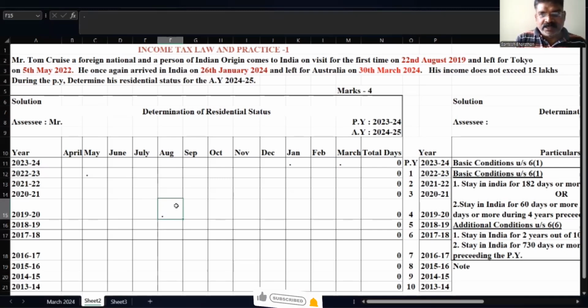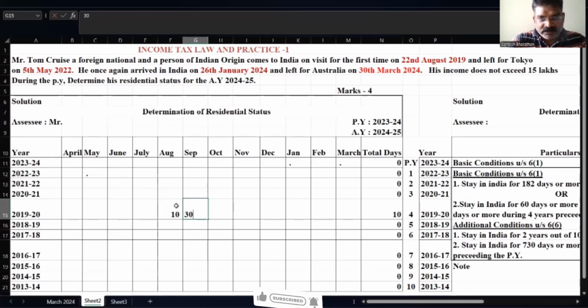He came on the 22nd, so we have to include the 22nd also: 22, 23, 24, 25, 26, 27, 28, 29, 30, 31. That means for August, he was there for 10 days.